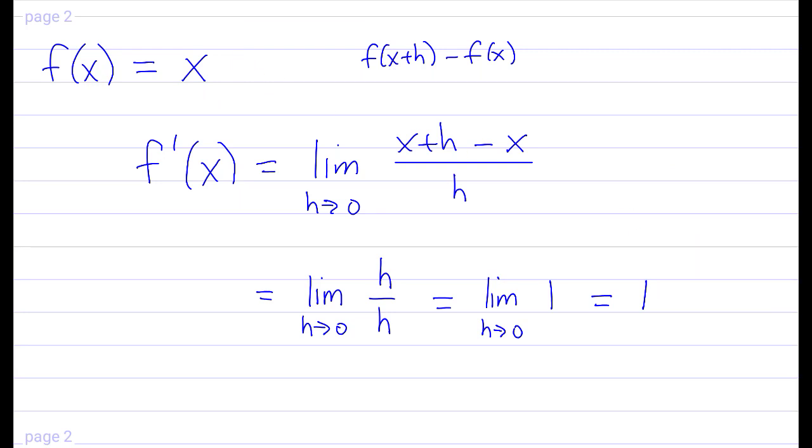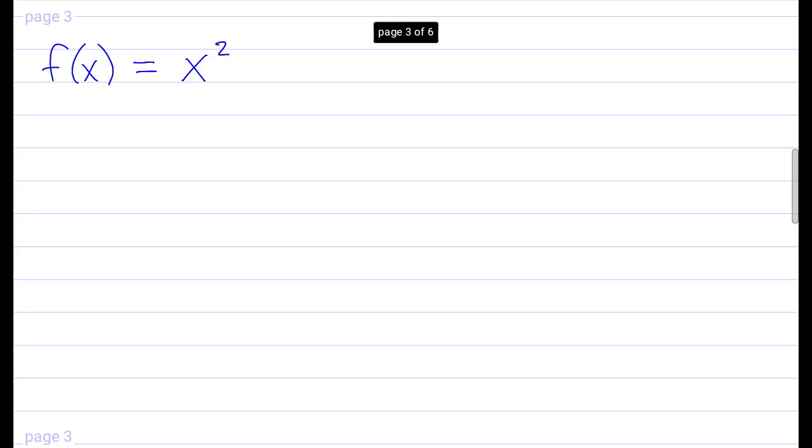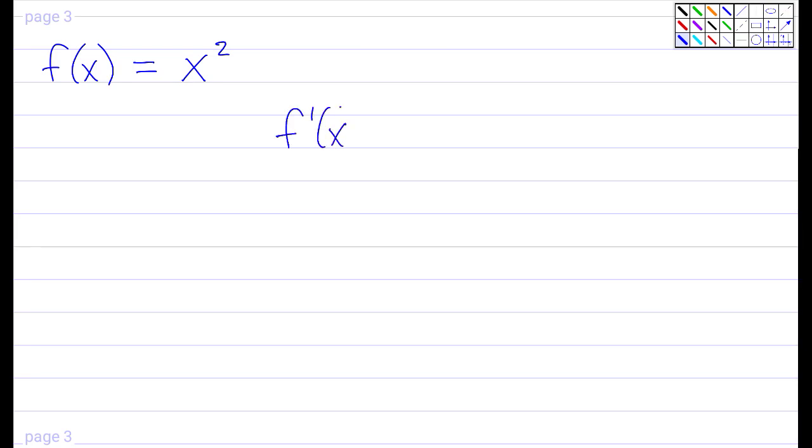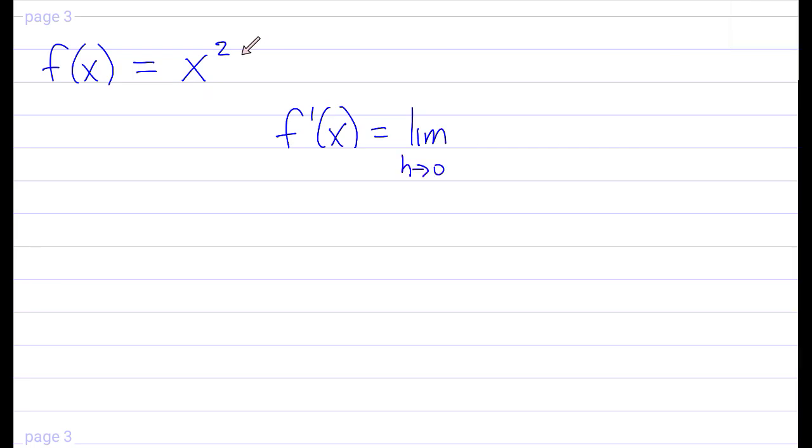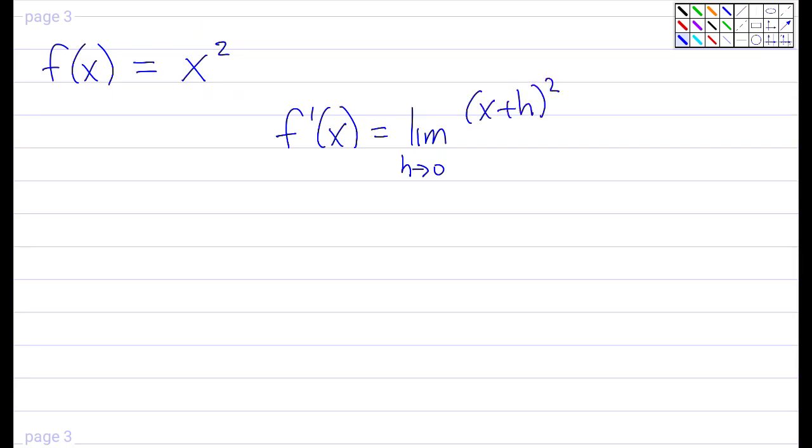Okay, let's try a little more interesting example. Our friend the parabola, f of x equals x squared. Okay, let's go. F prime of x equals limit h goes to 0. Okay, f of x plus h, again, everywhere I see an x, I substitute x plus h. So in this case, I get x plus h quantity squared. That's f of x plus h.